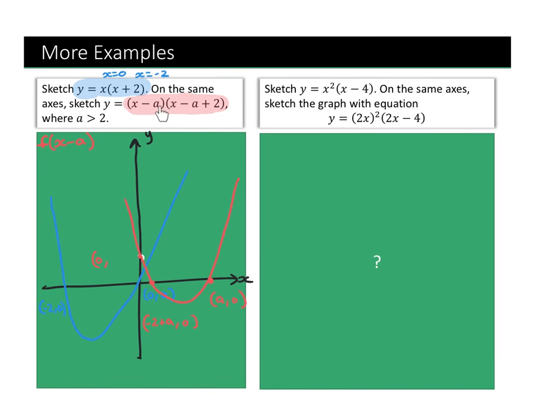If x equals 0, and I multiply this out, I'm going to get minus a bracket minus a plus 2, which is going to give me a squared minus 2a. So this is going to be a squared minus 2a.